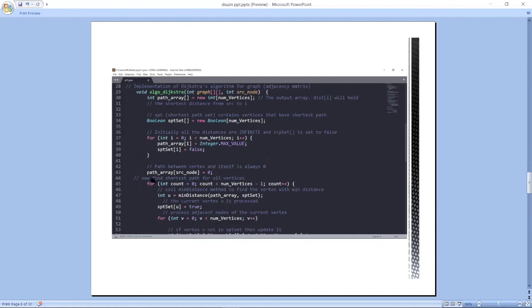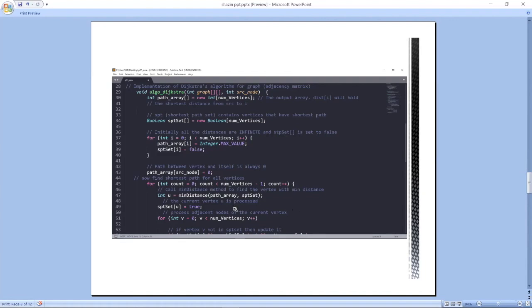So I am doing a for loop, int count equal 0, count is less than number of vertices minus 1, because if the vertices are 6, there will be 5 edges, and count++.